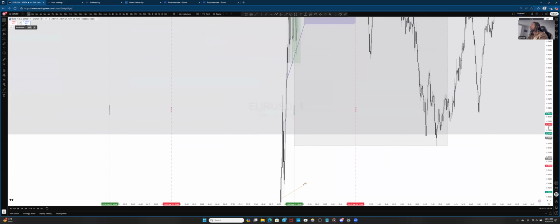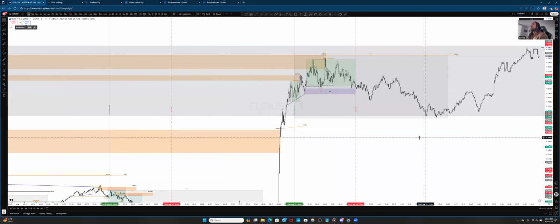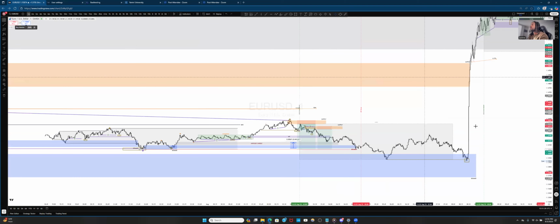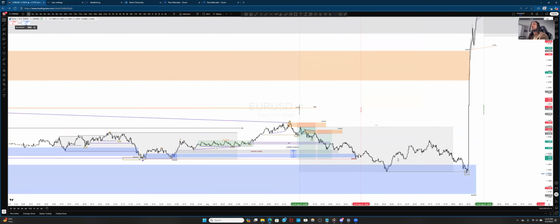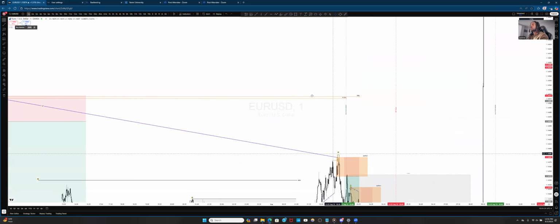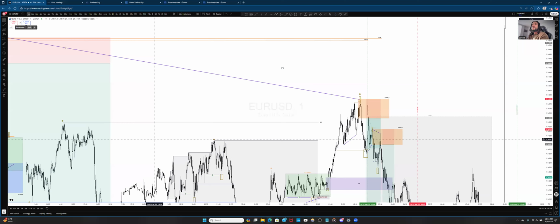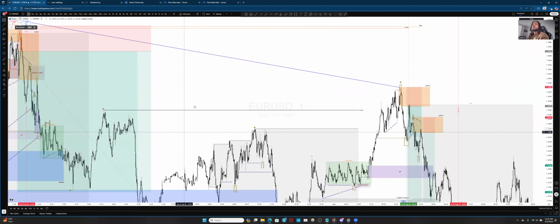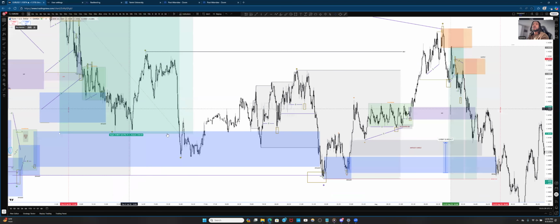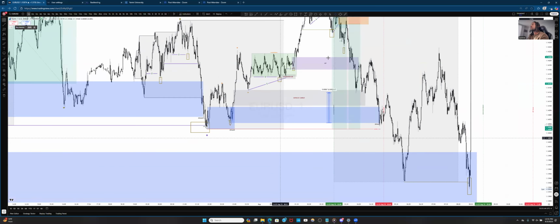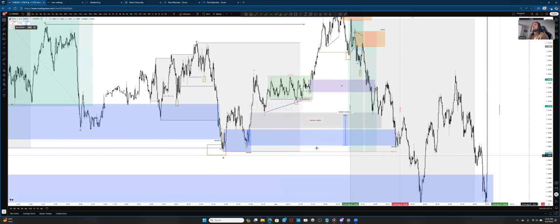Yeah, this was the area when price came. There you go, this was the trade. So as you see, price dumped all the way to the point of origin that we talked about.